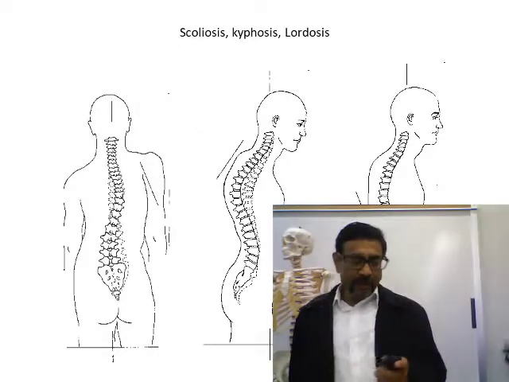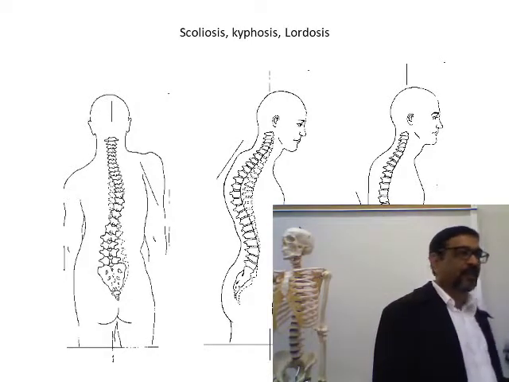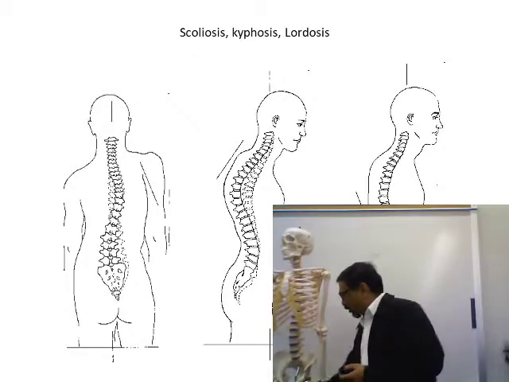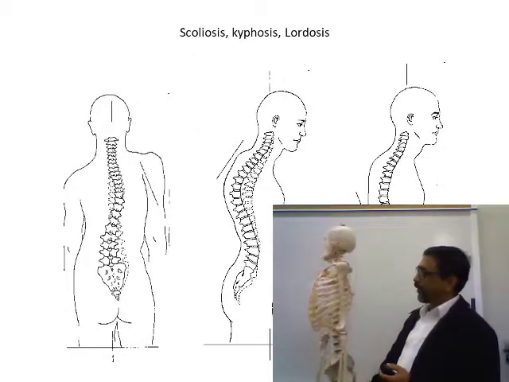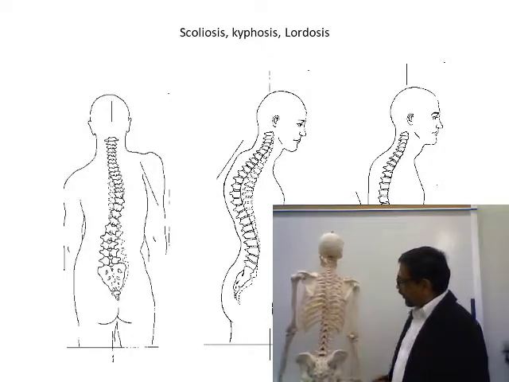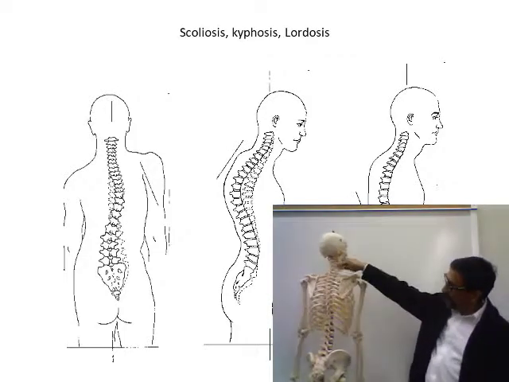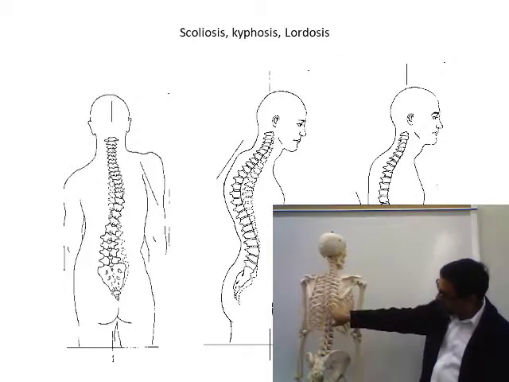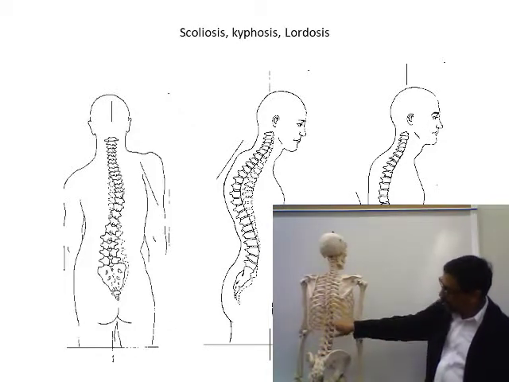Now another clinical condition, that is called spina bifida. What is that? You see here, these are the spinous processes of the vertebrae, right? You already know the spinous process is in the back.